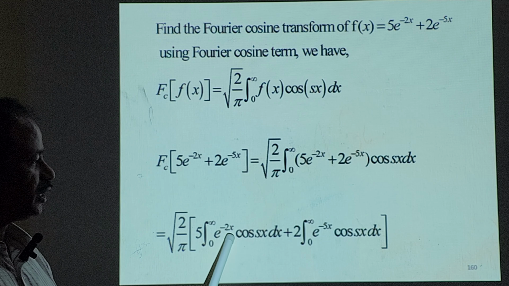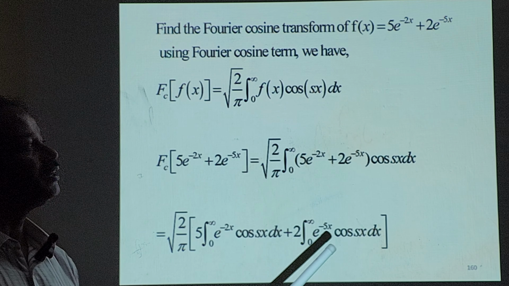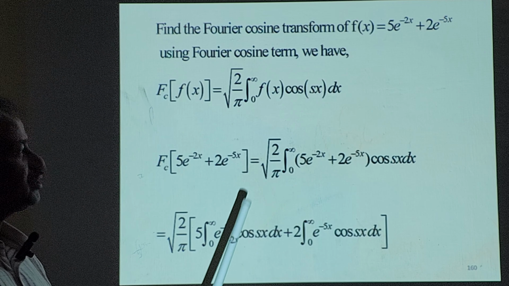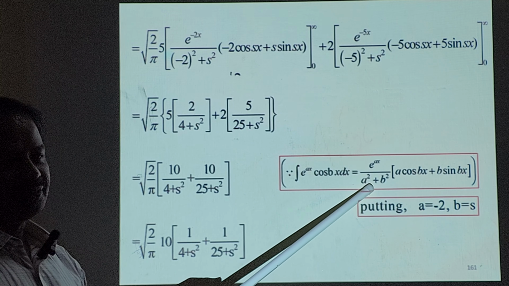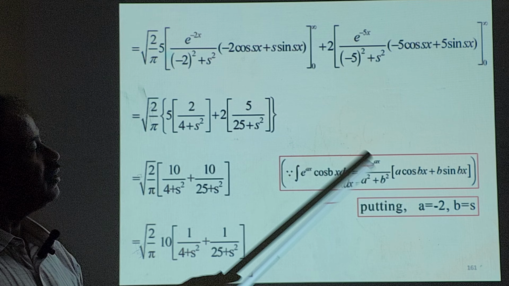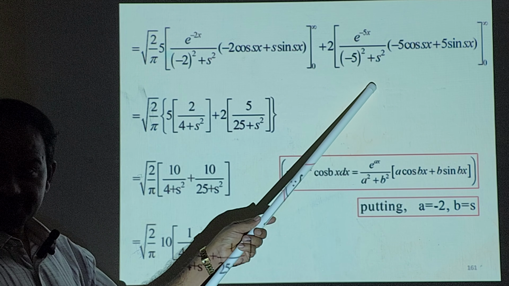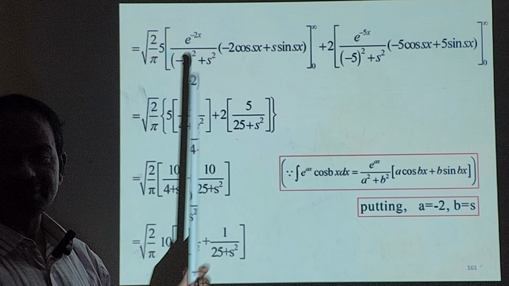So e power minus 2x times cos sx will be the first term and this will be our second term. Again we will be using Bernoulli's formula. So I have written the same thing here, but you will have to use Bernoulli's formula. Here a equals minus 2 for the first term and a equals minus 5 for the second term, and of course b equals s here, and here also b equals s.